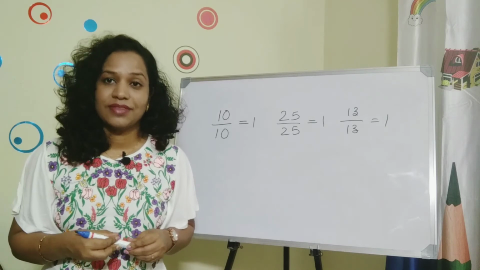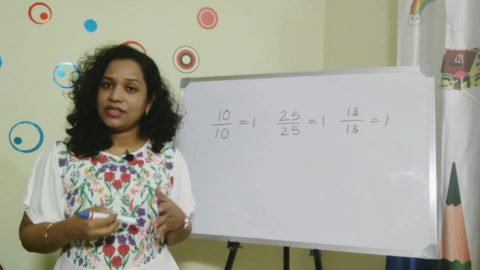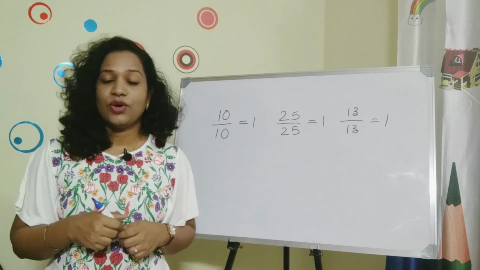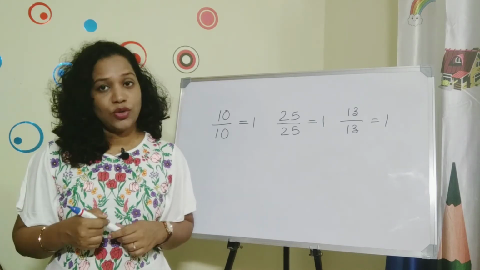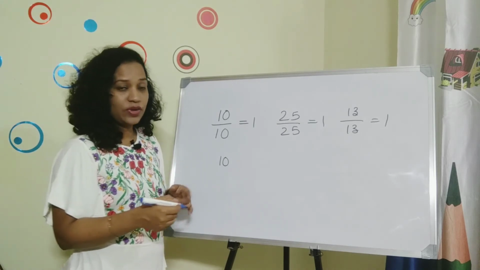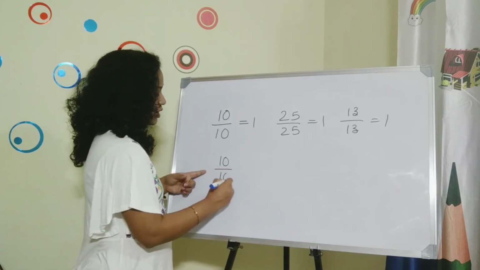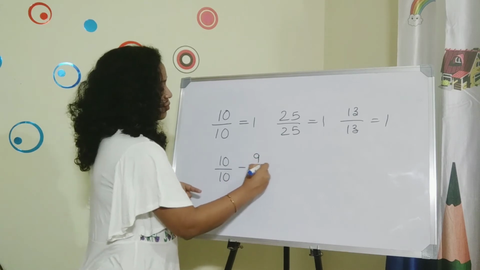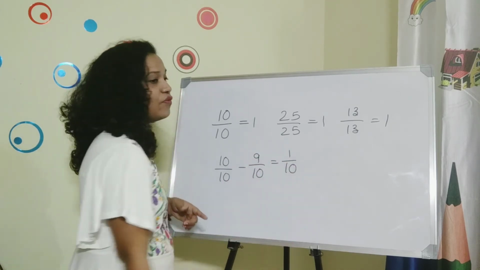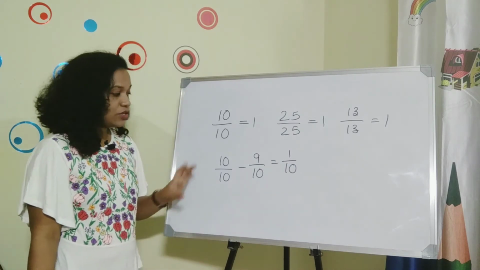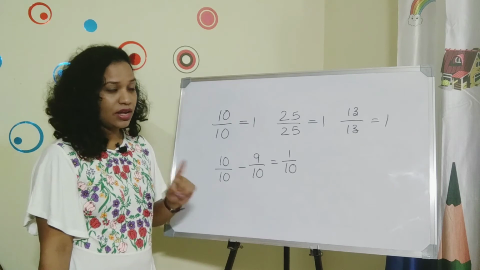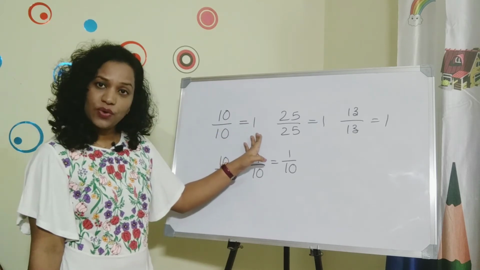Okay. So imagine on a math test you got 9 out of 10. So how many marks did you lose? You lost 1 mark. So if the test was out of 10, 10 by 10 minus 9 by 10, you get how much you lost? 1 by 10. So this 10 by 10 I can write as 1, right? Because 10 by 10 is equal to 1.